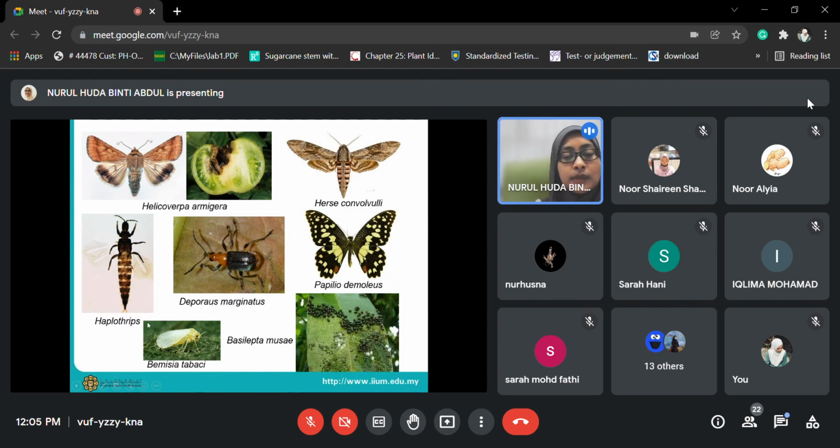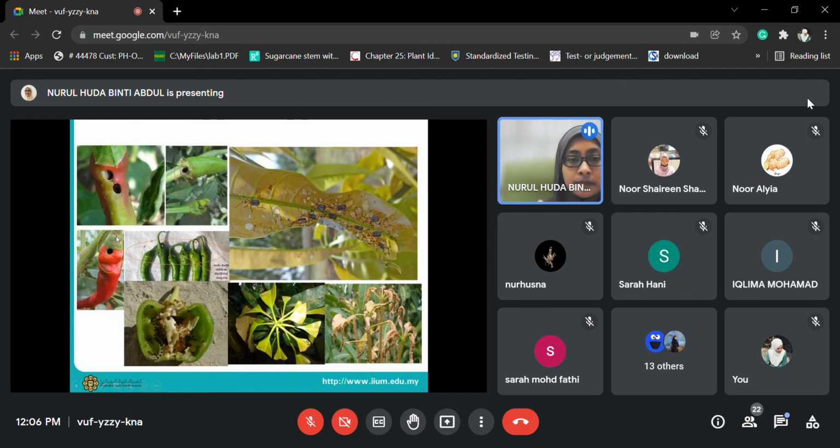And then we have Bemisia tabaci, the whitefly, okay, Hemipterans, that feed on plant sap, okay, almost on many plants lah. Maksudnya banyak plant, especially vegetable fruits.